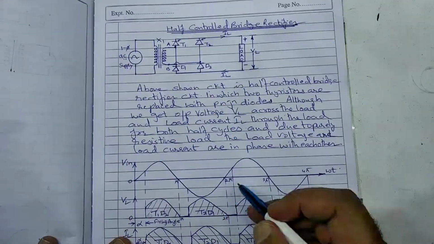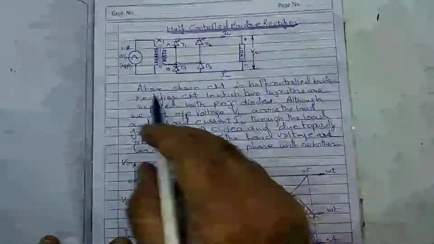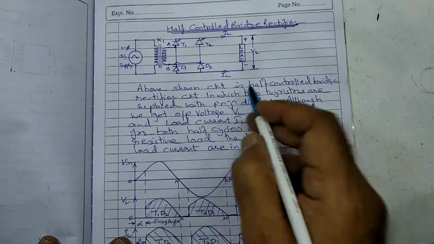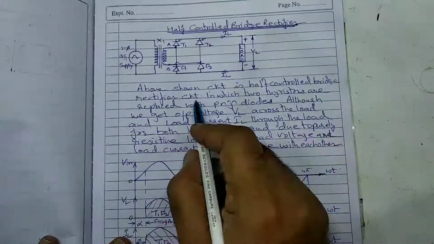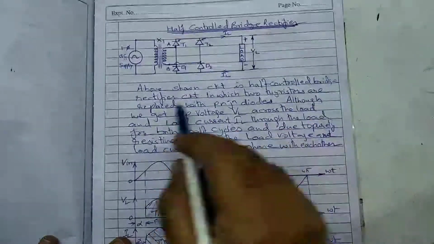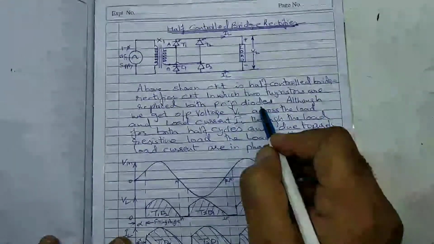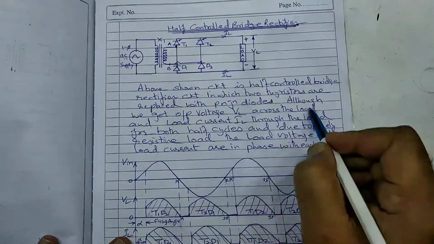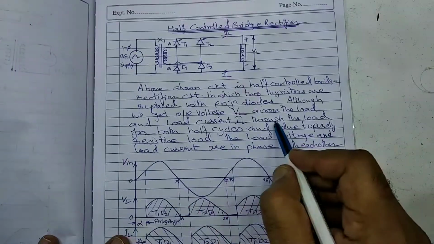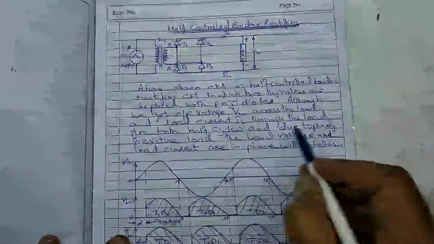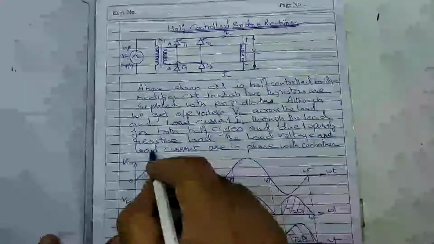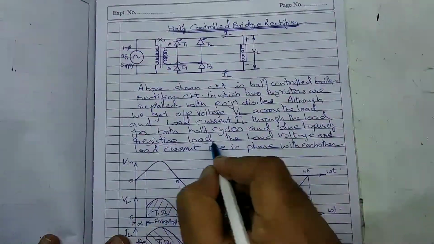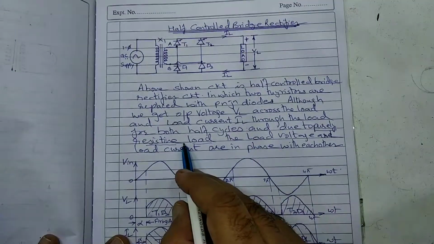As shown above, in this circuit 2 thyristors are replaced with PN junction diodes. We get output voltage VL across the load and load current IL through the load for both half cycles, and this is a purely resistive load.